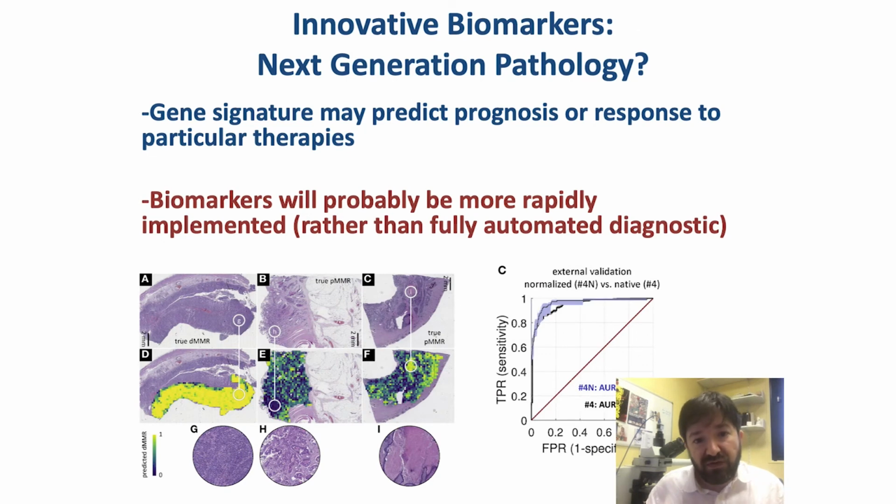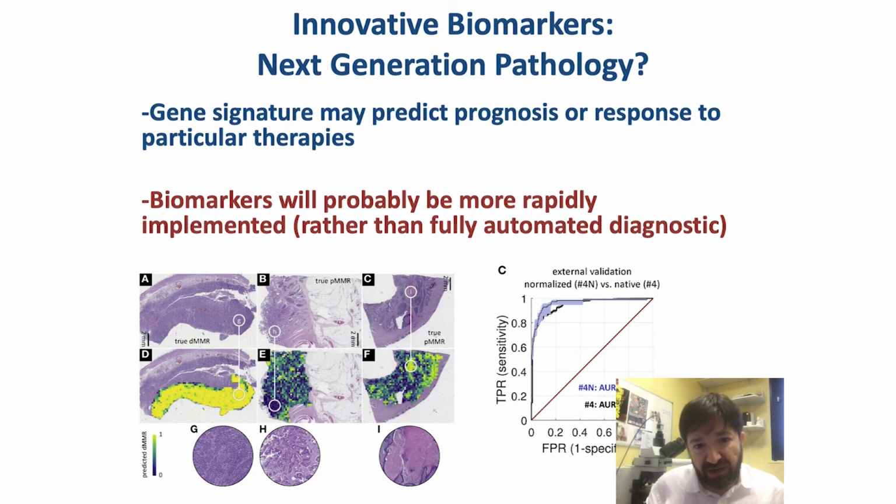Also, a new and rapidly evolving field is the development of artificial intelligence-based biomarkers on digital slides. I told you that you can predict prognosis with these kinds of neural networks. You can also predict genetic alterations. You know that for a certain number of cancers, we can investigate the genetic alteration to give a particular treatment.